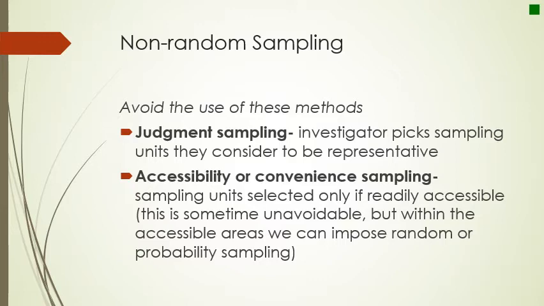Another type of non-random sampling is what's called accessibility, or sometimes called convenience sampling, where sampling units are selected only if they're readily accessible. For instance, the road issue that we just talked about. Sometimes this is unavoidable because of budget constraints, logistical constraints, safety considerations. But if you are forced into accessibility sampling, this should be made clear in the report or the published study that you produce.